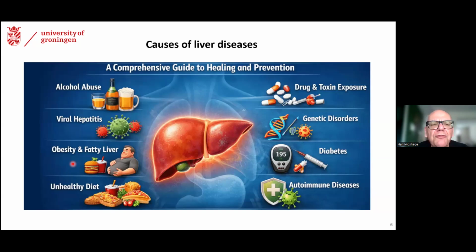All these people with obesity and fatty liver can develop liver injury and eventually liver failure. So you can imagine that if 30% of the population has a fatty liver, that we will have in the future an enormous amount of patients with serious liver injury and liver failure, and they will all need liver transplantation. So this is going to be one of the future health problems, the shortage of donor livers.